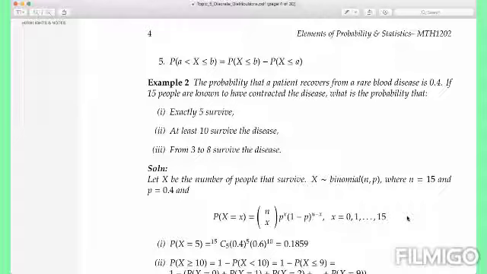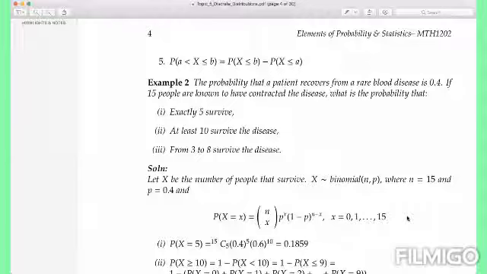Now, this example: the probability that a patient recovers from a rare blood disease is 0.4. If 15 people are known to have contracted the disease, what is the probability that, one, exactly 5 survive, two, at least 10 survive the disease, and three, from 3 to 8 survive the disease?